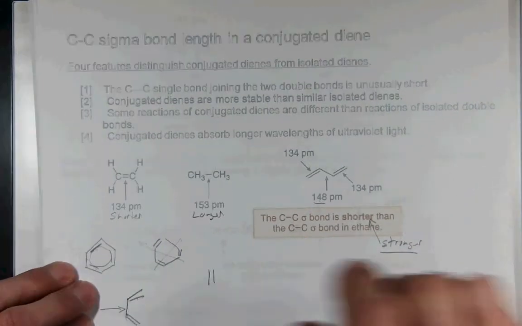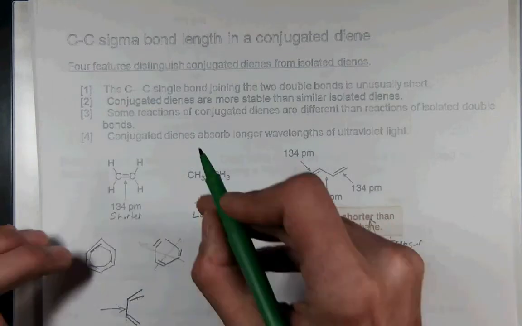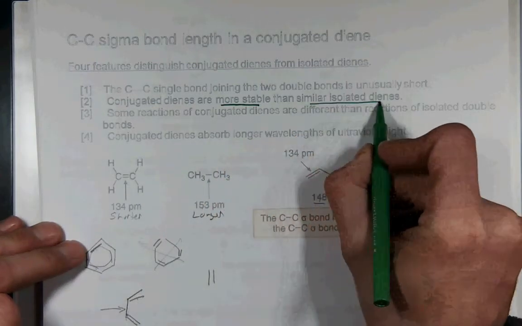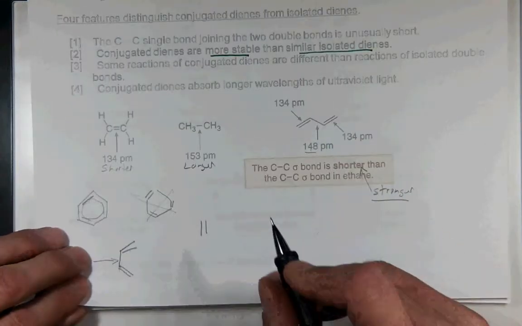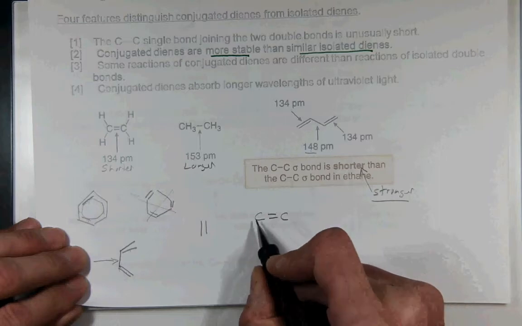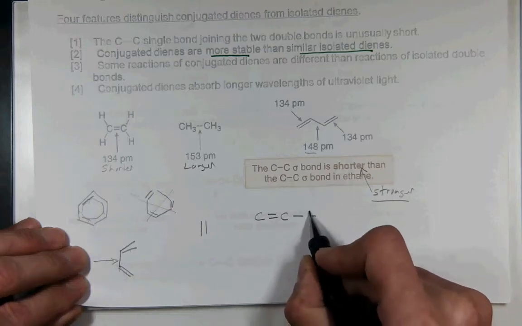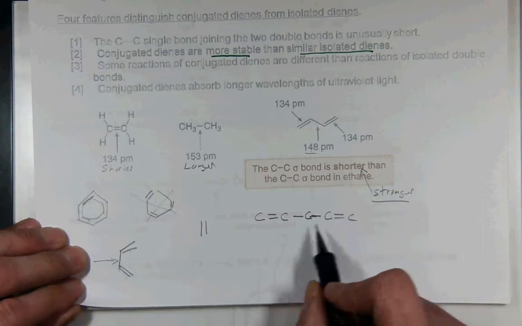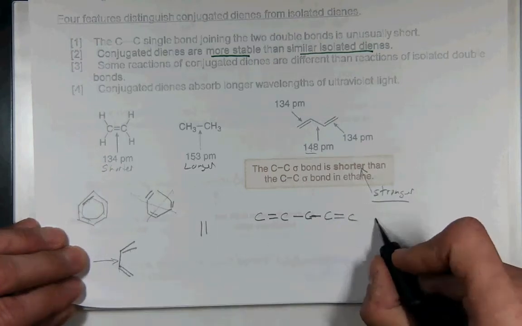So they mentioned here, conjugated dienes are more stable than isolated dienes. What we mean by that is, let's make an isolated diene like this.